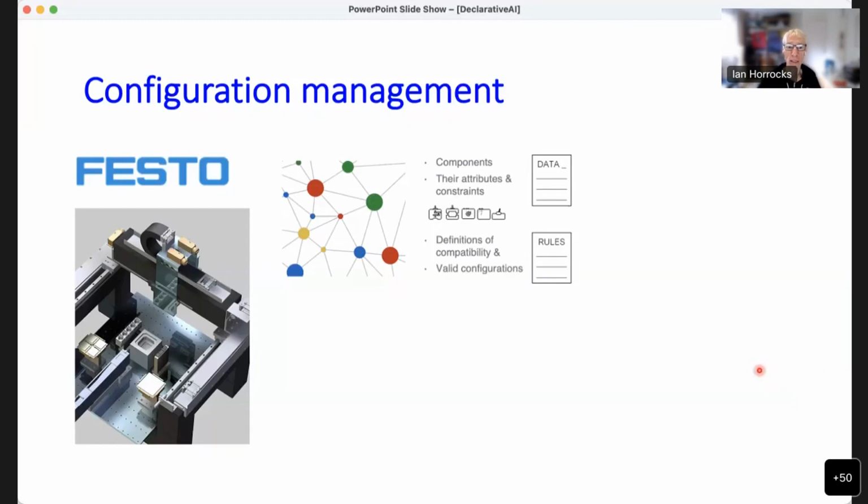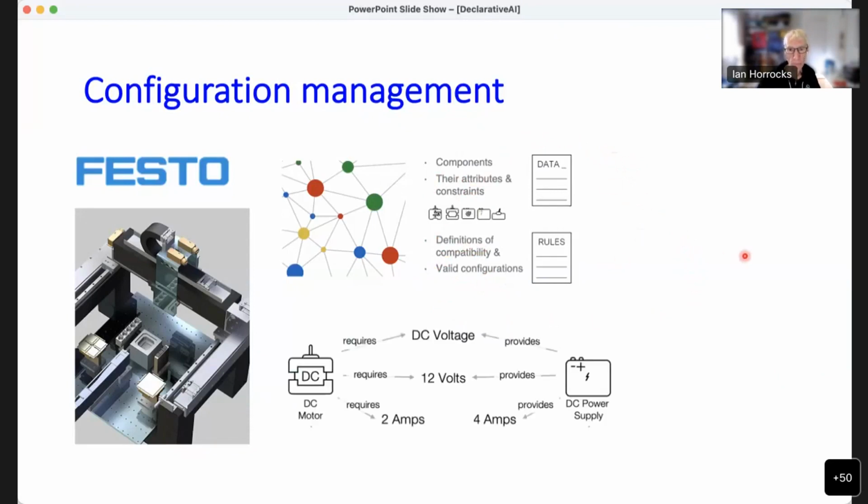And Festo are now using RDFox to store knowledge about all of these different components, including the attributes and constraints, compatibility, and so on, what constitutes a valid configuration. And all of these are stored in data and rules.